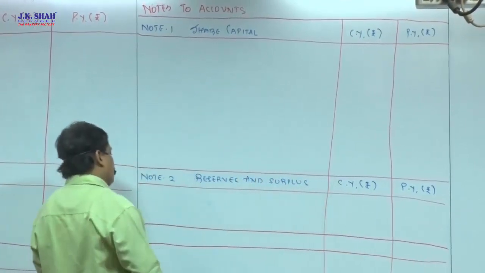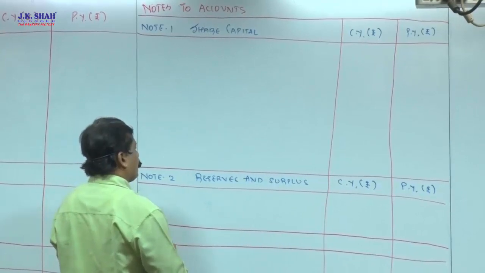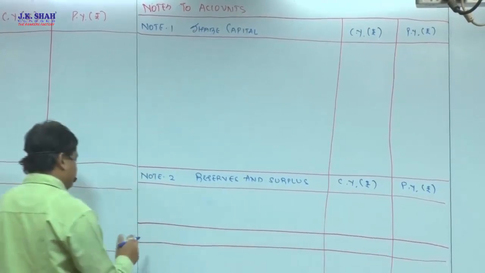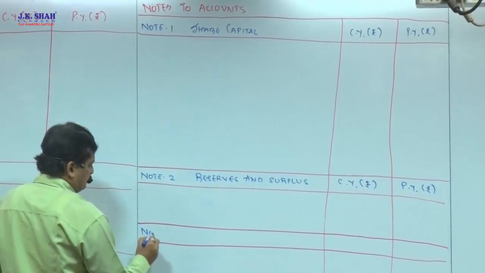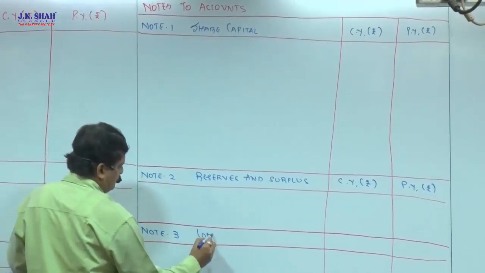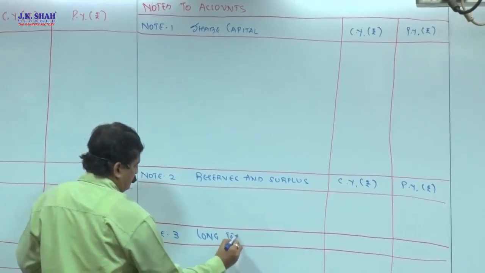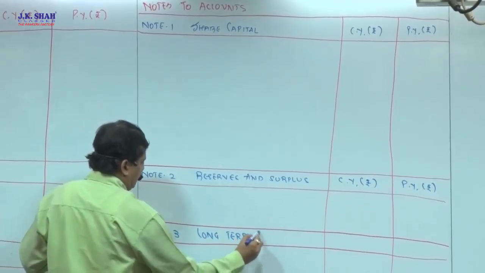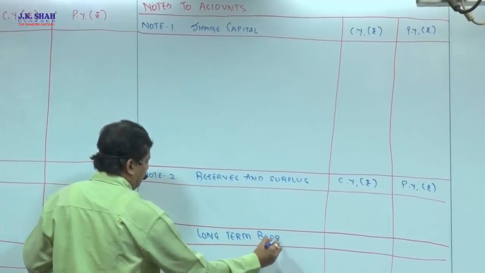Note 3, long-term borrowings, current year and previous year. Leave around 8 lines blank.